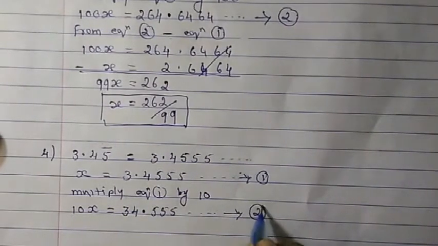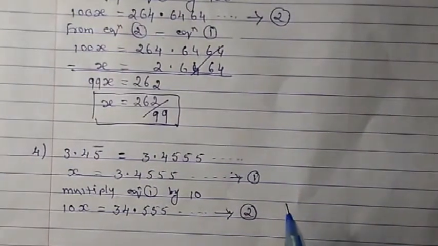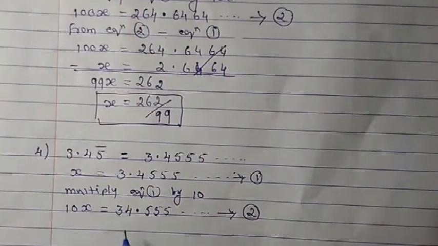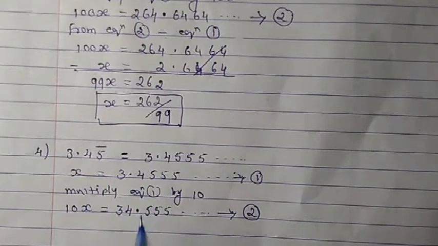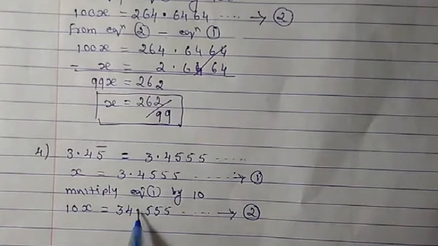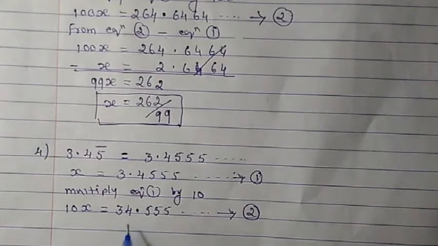This consider as equation 2. Now again what will we do? Now you see how many digits are being repeated now? It's only this 5 that is being repeated. So we want to bring this decimal here.